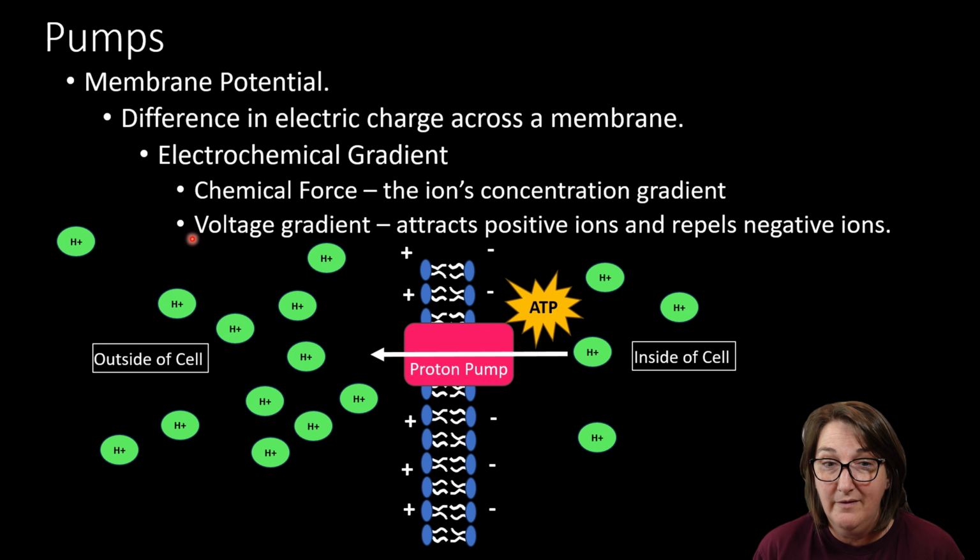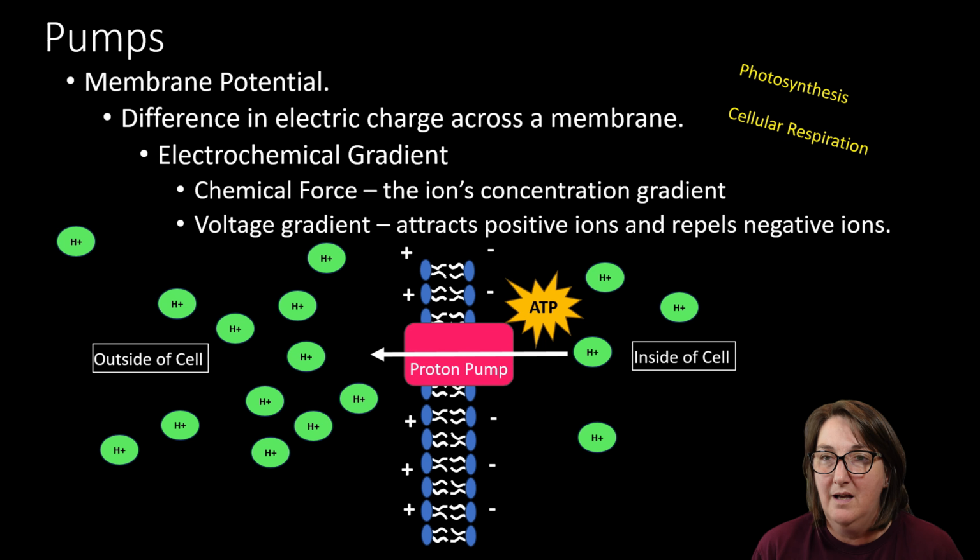There's a ton of stuff over here. These all want to come over here where there's more room to spread out. But this proton pump is going to keep pumping all these pieces into it. And these hydrogen protons are going to be attracted to this negative side, and it's also going to repel negatively charged material. So I'm going to be able to get more positively charged material by this proton pump.